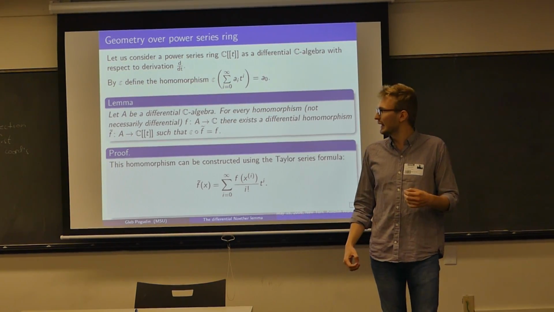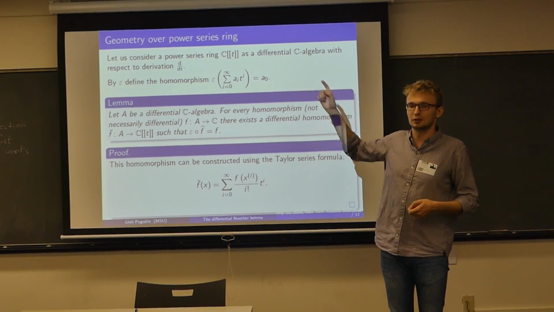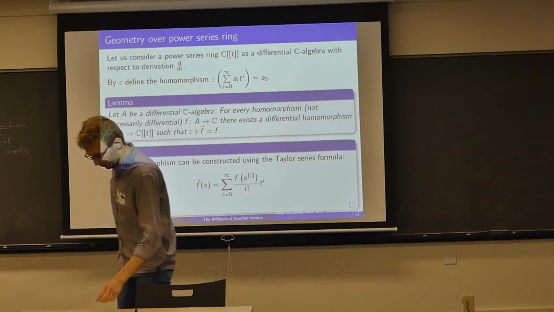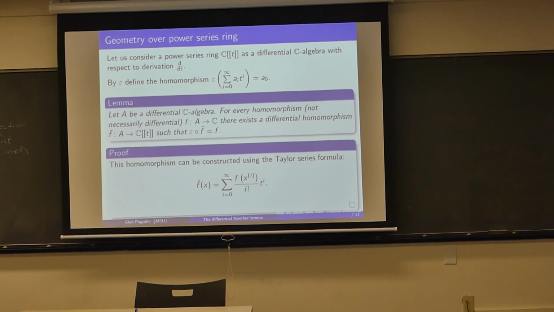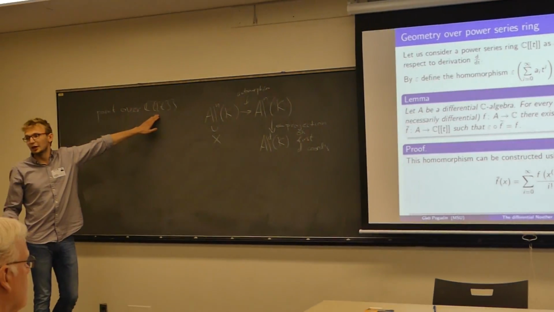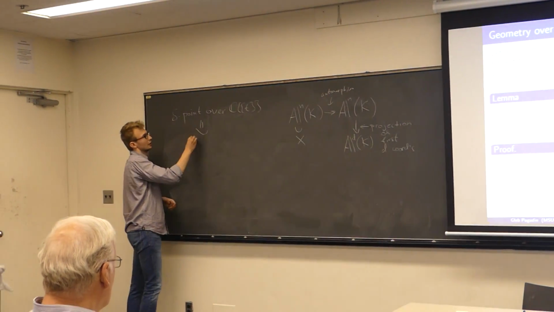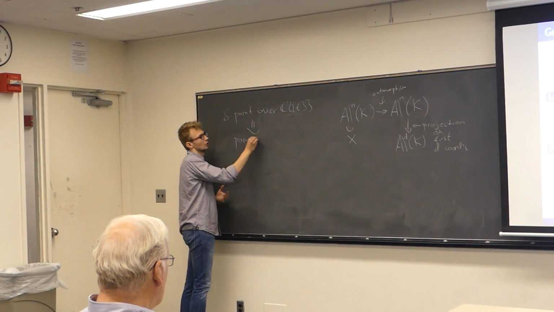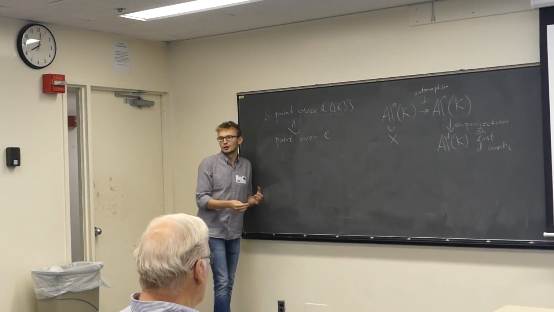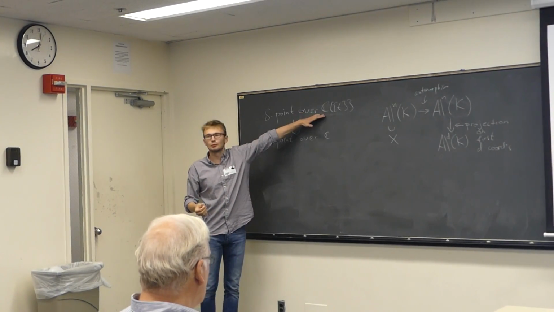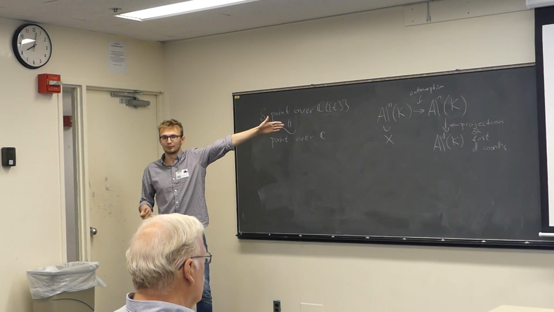And this means that if you have a point over C[[t]], so you have a differential homomorphism from the coordinate ring of your variety to this differential algebra, you can easily obtain from it just an ordinary algebraic point over C. You just compose this differential homomorphism with the evaluation at 0.